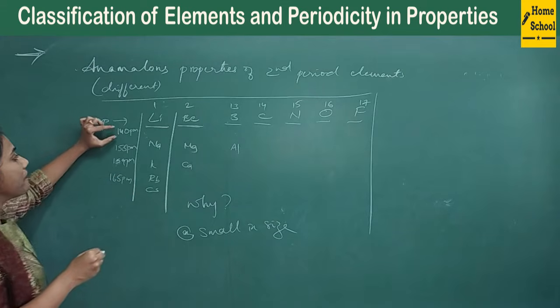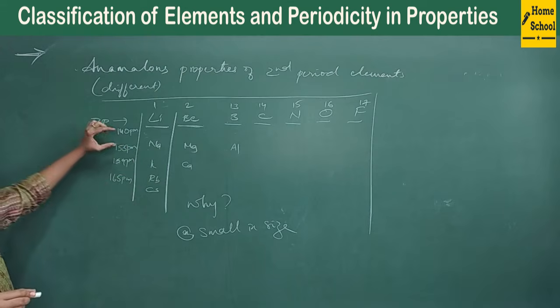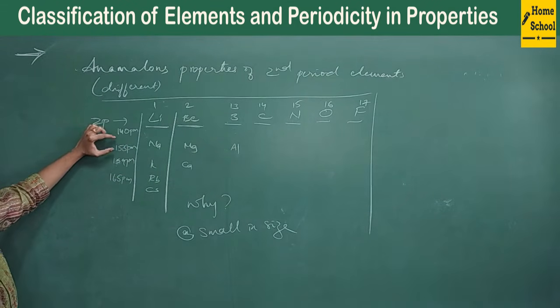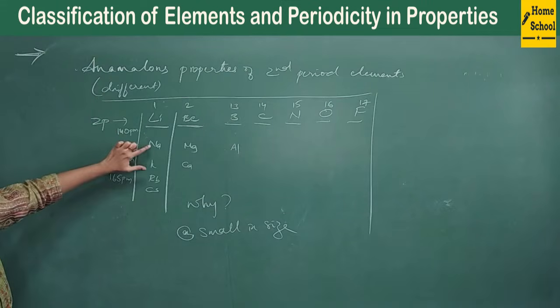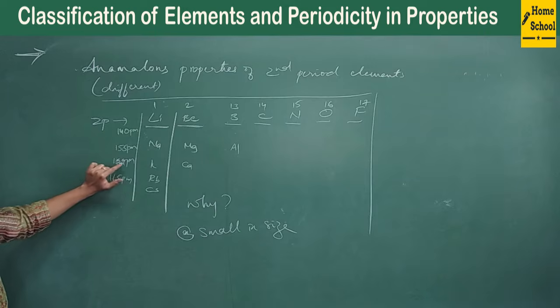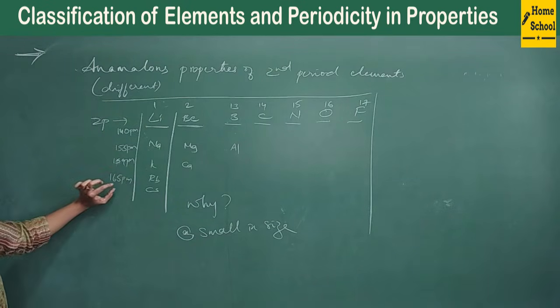You see the difference? 140 for lithium, 155 for sodium. There is a large difference, around 15 picometers between the first and second. Whereas between second and third you observe 155, 159, only 4. Again between third and fourth you observe a little.